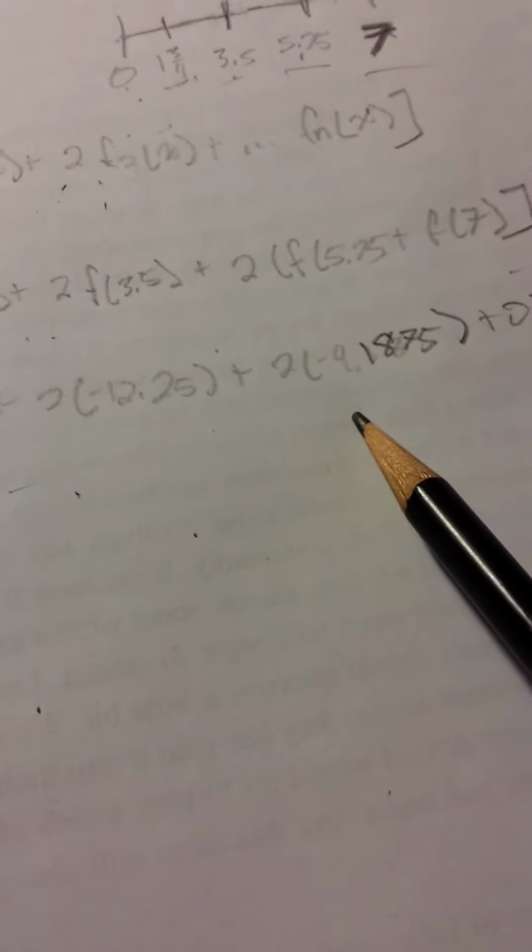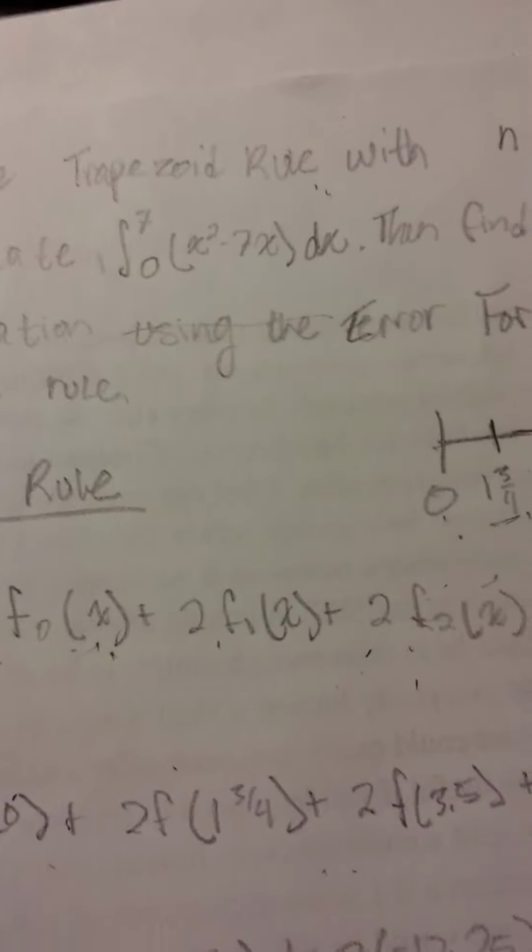Your values are 0 plus 2 times negative 9.1875, and then plus 2 times negative 12.25, and then 2 times negative 9.1875 plus your 0. Again, you are just plugging these into the formula that they give you, which is x squared minus 7x.